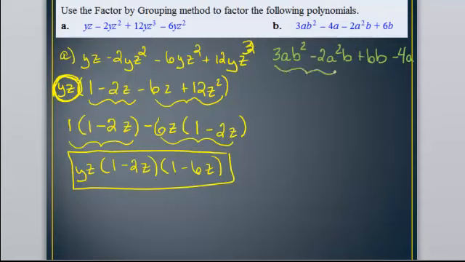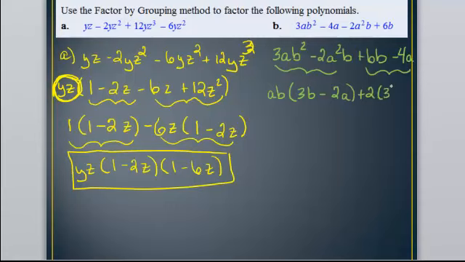Okay, let's group them. By the way, there's no greatest common factor this time, so we can go straight to grouping. We can factor out an ab from the first two. We'll be left with a 3b and a minus 2a. And the last two, we can factor out a positive 2.